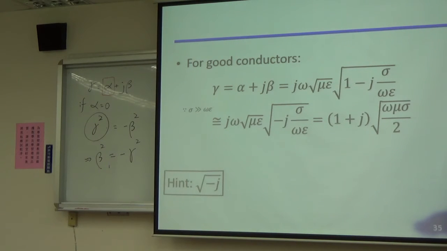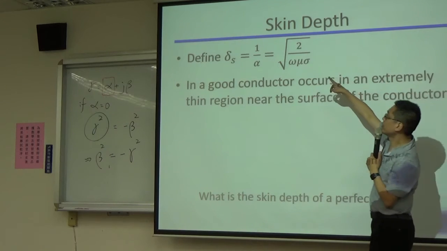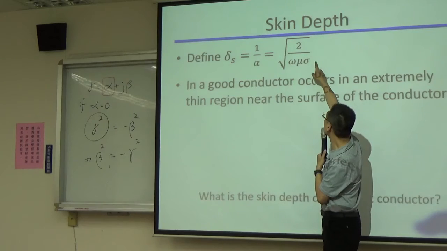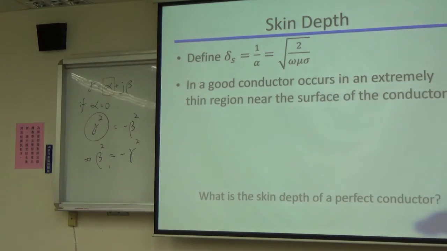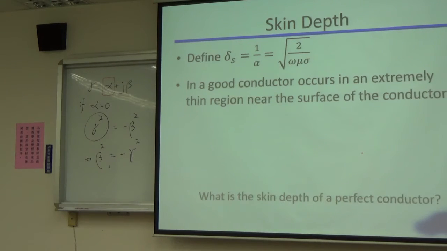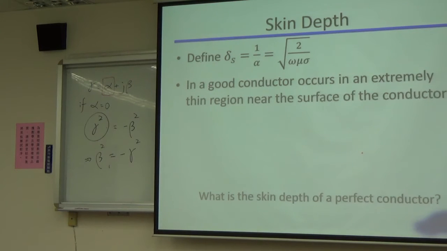Okay? I already showed you at the beginning. Skin depth is 1 over alpha. It is a square root of 2 over omega mu sigma. Right? I need to check. Oh yeah, it's 2. Yeah. See? The same. We derived it from the beginning.